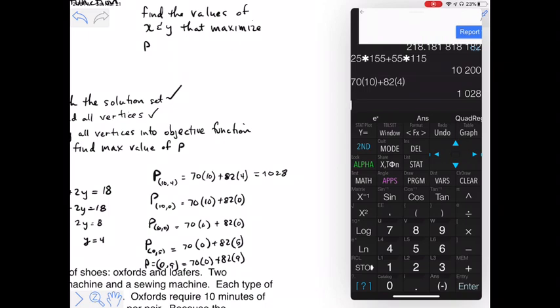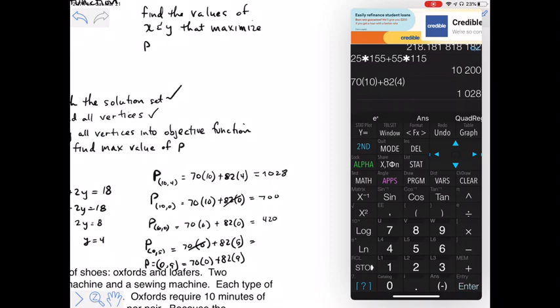Then 70 times 10, and then 82 times 0 is just 0, so that's 700. 70 times 6 is 420. 70 times 0 is 0. 82 times 5 is 410. And then 70 times 0, and then 82 times 9 is 738.